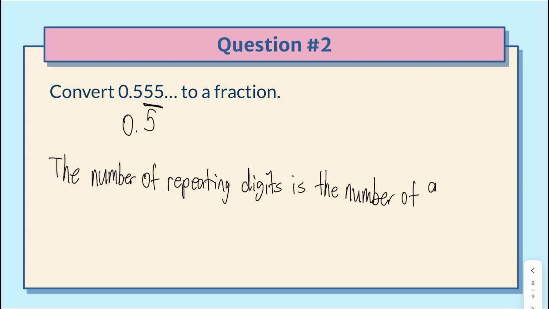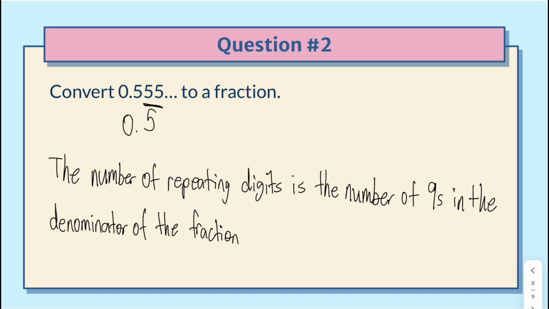The number of repeating digits is the number of nines in the denominator of the fraction. This might not make sense, but we'll see what this is.